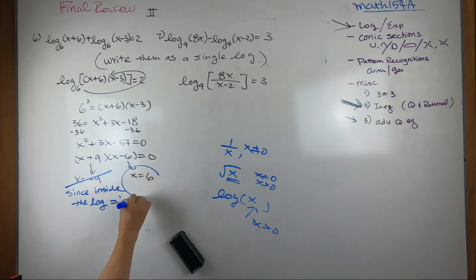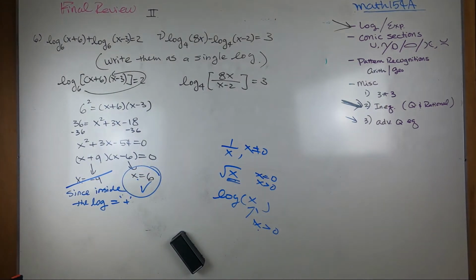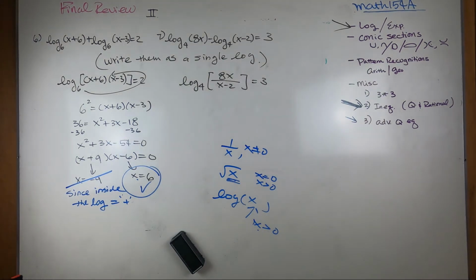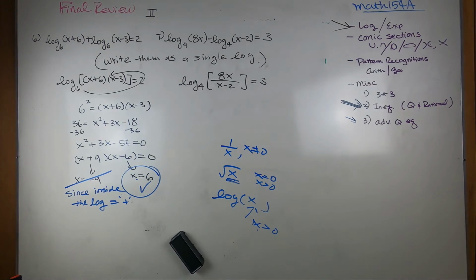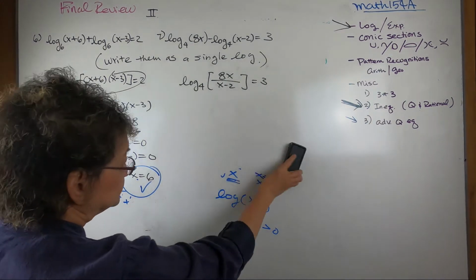So it's okay. So this one, x equals 6. It's all right. Okay? If you don't check, you just circle the answers, then you'll probably only get some credit, but not all of it. You will be deducted some.